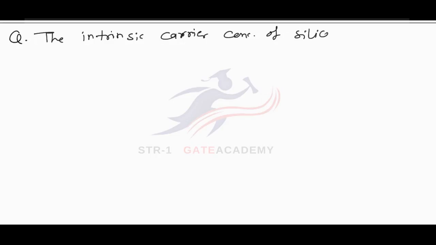Next question. The intrinsic carrier concentration of silicon at 300 degrees Kelvin is 1.5 into 10 raised to power 16 per meter cube.